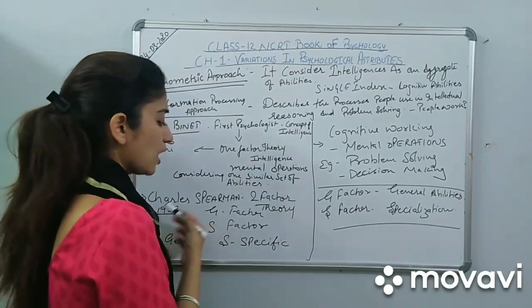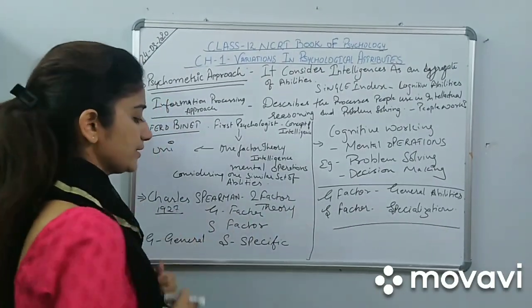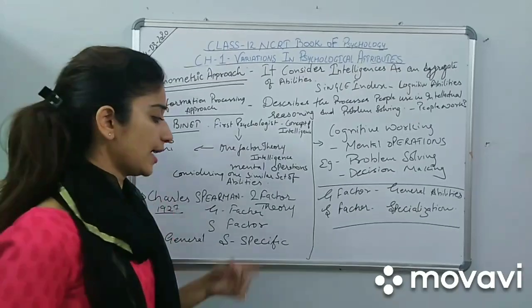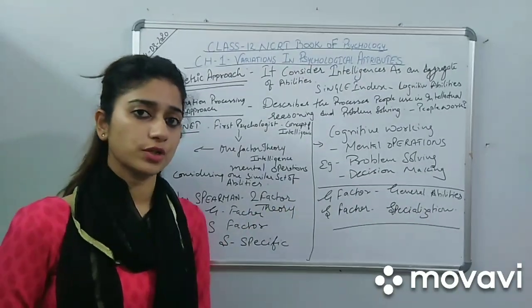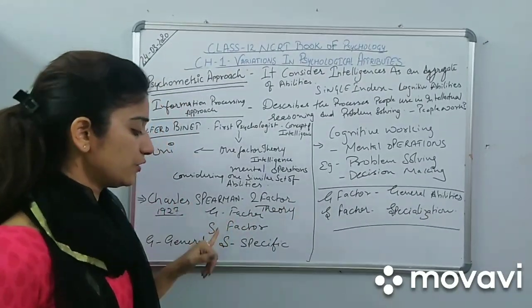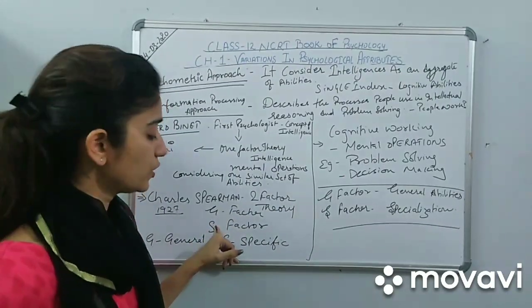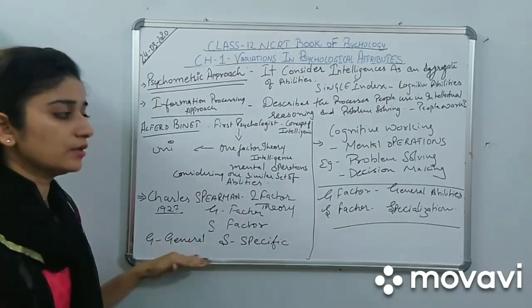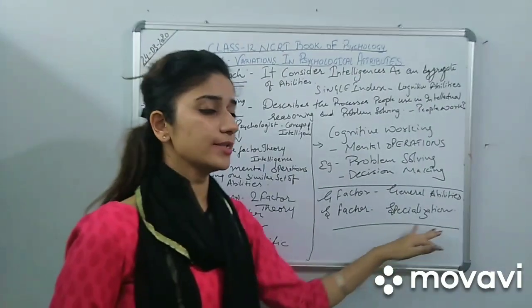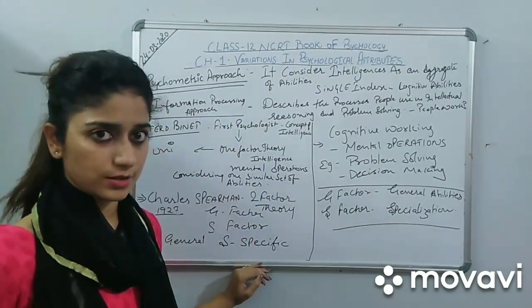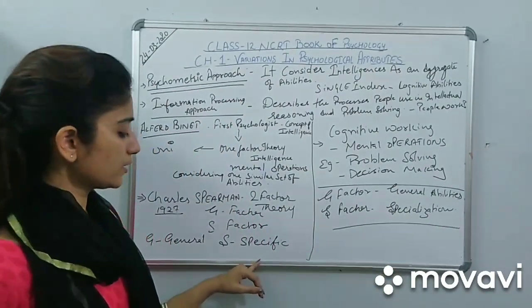Charles Spearman in 1927 gave the two-factor theory, the G factor and S factor, in which G means general factor and S means specialization or specific factors. What are the specific factors?